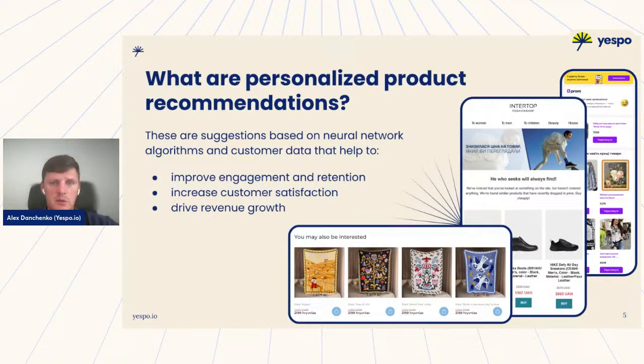These are suggestions based on large neural network algorithms and the customer data that we collected before, that help to improve engagement and retention, increase customer satisfaction, and drive revenue growth in terms of results.